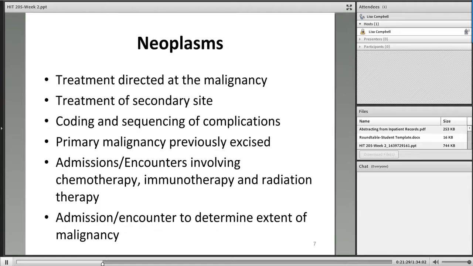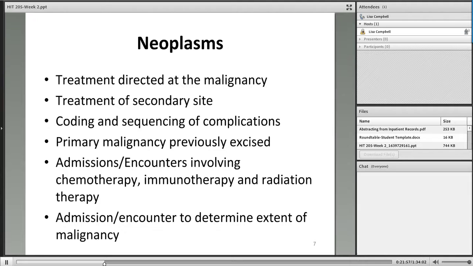In particular, I want to look at number 1. It says when an episode of care involves the surgical removal of a neoplasm, primary or secondary, followed by adjunct chemotherapy or radiation therapy during the same episode, the code for the neoplasm should be sequenced as first or principal diagnosis.